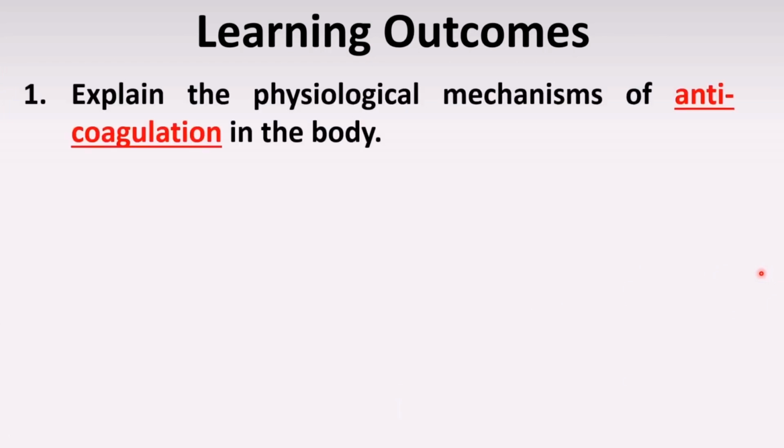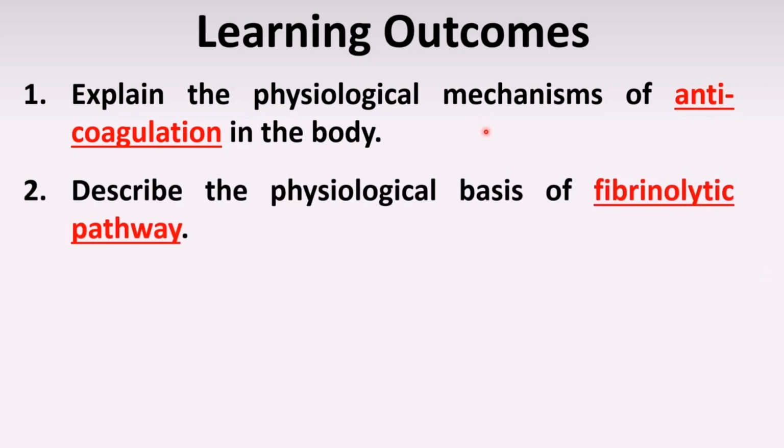In other words, these are the learning outcomes that you are expected to learn by the end of this lecture. The first is to explain the physiological mechanisms of anticoagulation. Of course, the second will be the physiological basis of the fibrinolytic pathway.